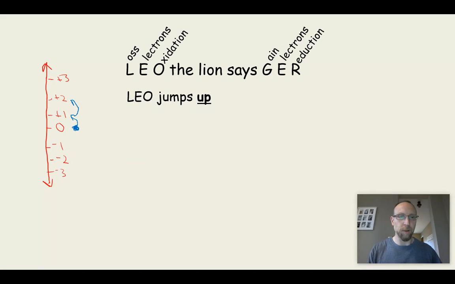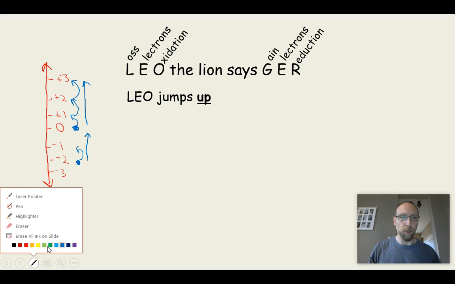I lose another electron, I'm going to go to +2. I lose another electron, I'm going to go to +3. When you're losing electrons, you're jumping up. You're becoming more positive. You're going in the upward direction, right? Even if I'm down here, if I'm at -2 and I lose one electron, I go to -1. So even though I didn't become positive, I'm going in the positive direction. So when you're losing electrons, you're jumping up, you're moving upward. So sometimes thinking about the number line will help you out.